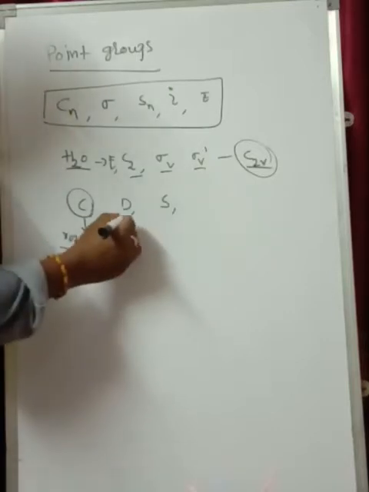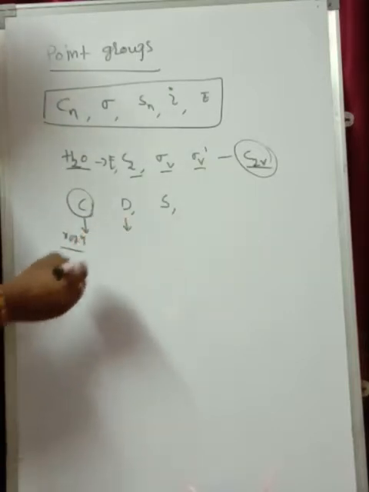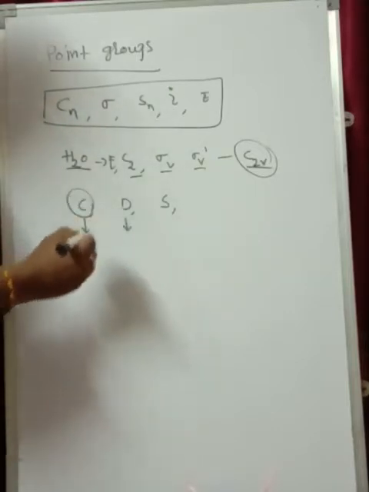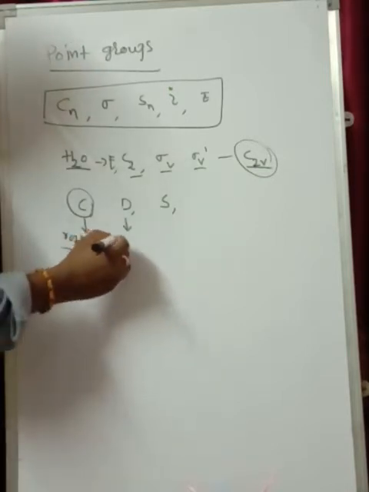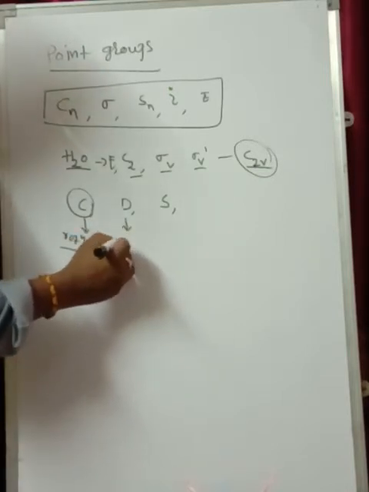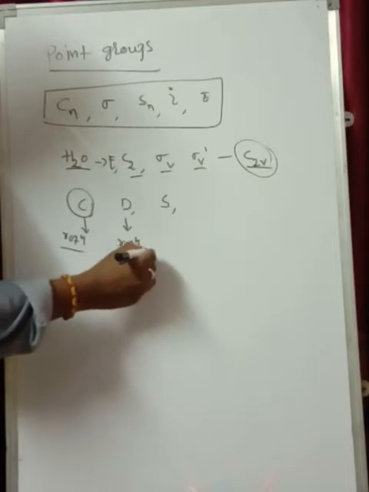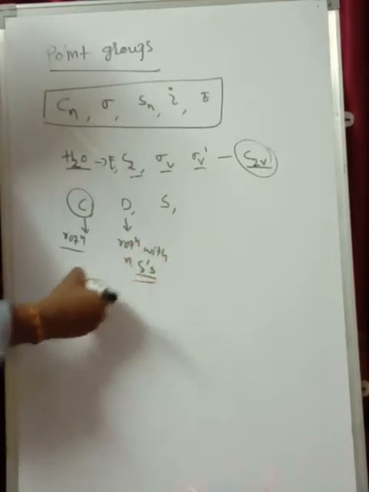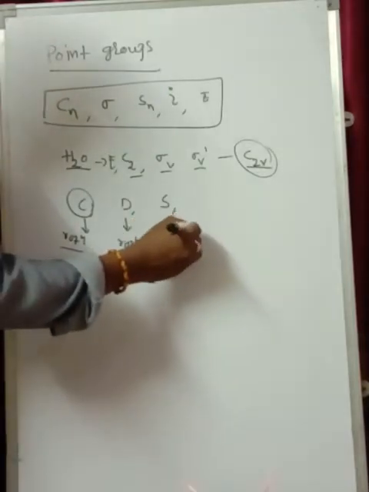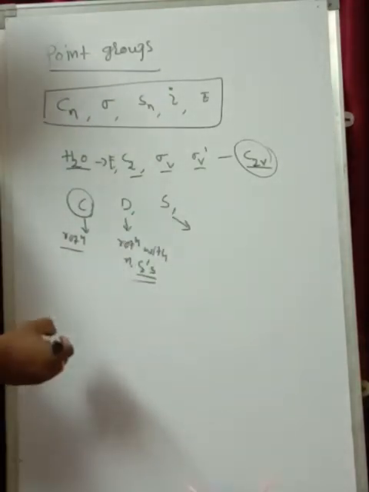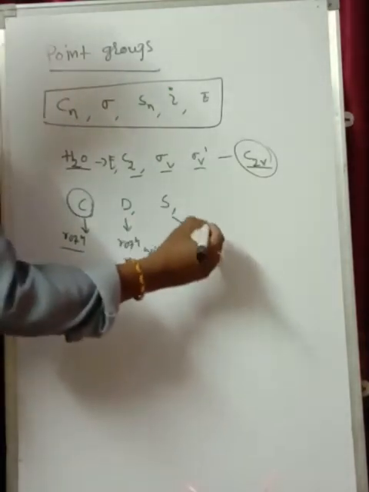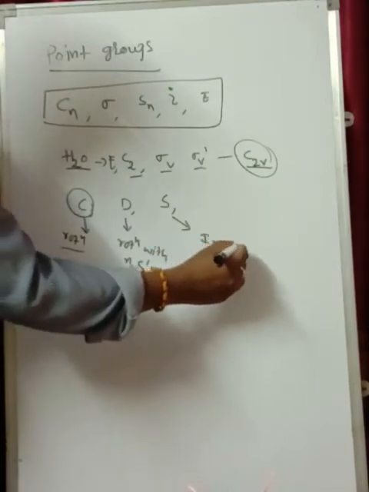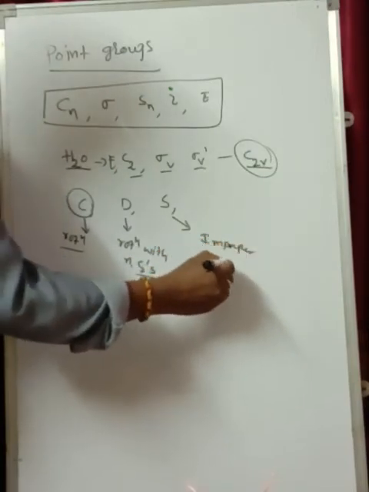If the point group is represented with D, this indicates that the point group has the highest symmetry element as a rotation with n number of C2s in it. If it is represented with S, that means the highest symmetry element is an improper axis of symmetry.